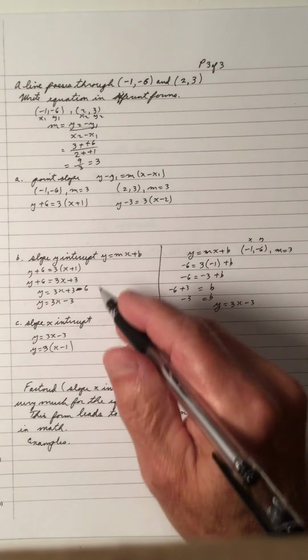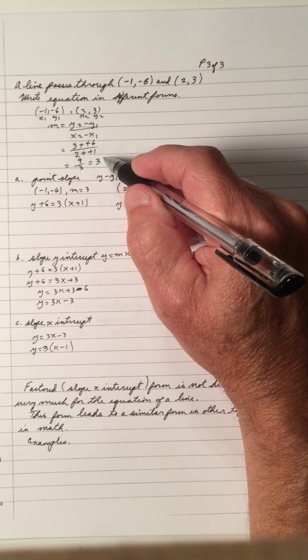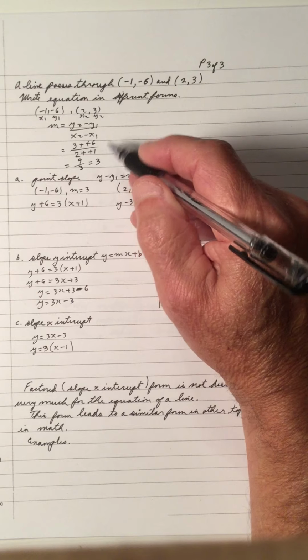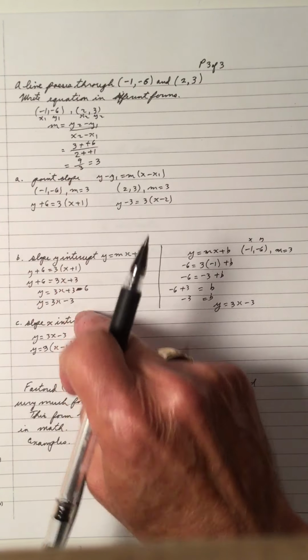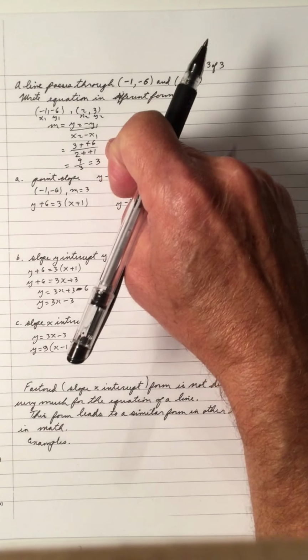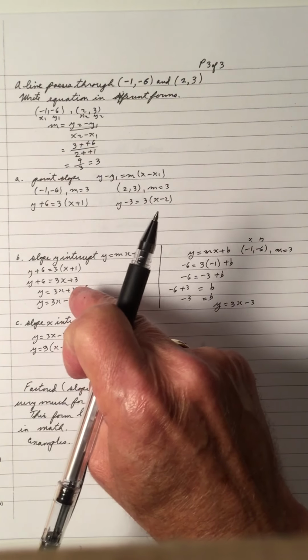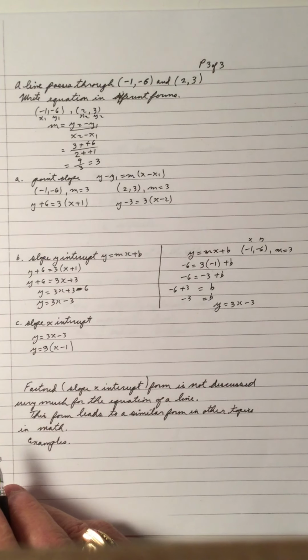That's an option. Or you could work out your slope and work out your x, but you have to get one of these forms before you get this one, because you have to get your slope, and then if you got your y-intercept, you get your x-intercept by letting y equal 0.